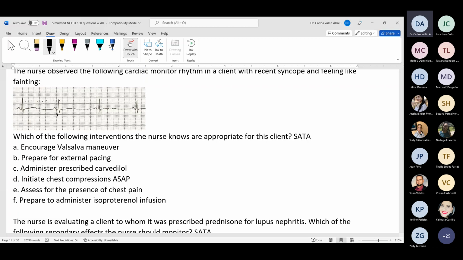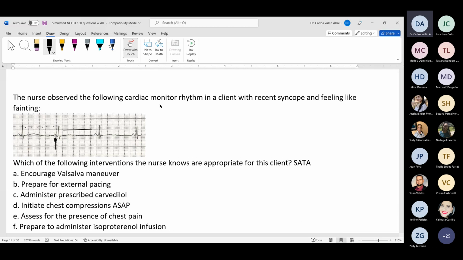It seems a sinus bradycardia because there is a P wave and regularity. The question states that the patient is symptomatic, so the patient has a symptomatic bradycardia and needs intervention.